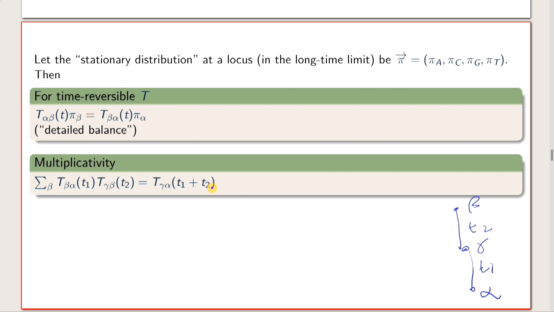No, I did it slightly wrong, sorry. This is gamma, this is beta, and this is alpha. So basically, the transition matrix from here to here is the product of the matrices corresponding to this and corresponding to this. So you should read this product backwards, really, then it's a matrix product.